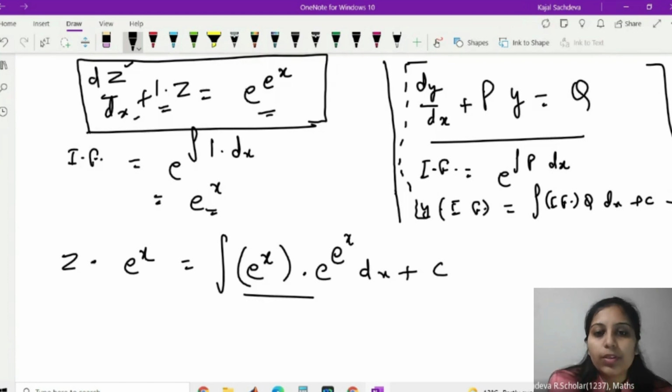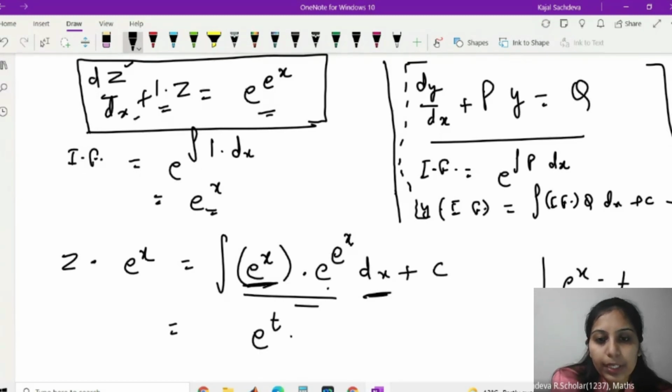Here we get the solution for z. But how would we solve this? Here we put e^x equal to t for solving this integration only. When we put e^x equal to t, e^x dx is equal to dt. So this will be converted into the integral of e^t dt plus c.